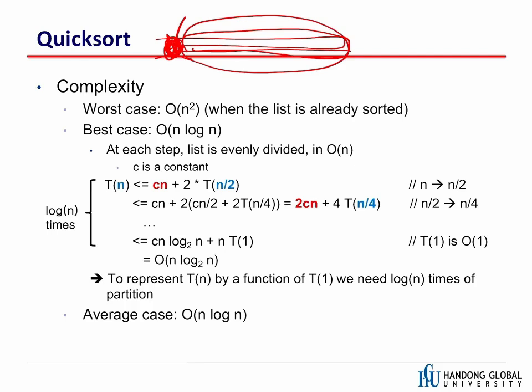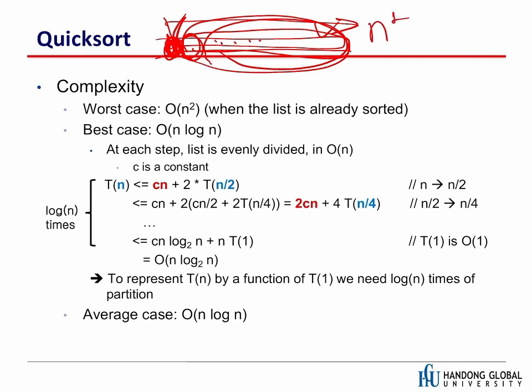Again, with these n-1 elements, when we pick one pivot here, after partitioning we have n-2 on the right side. So every time we just reduce the problem by 1. So basically, in the complexity, we have n times here, and every time we have to check all the elements to partition, right?